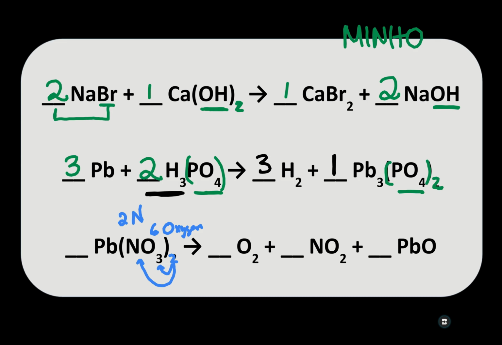So I have two nitrogens because the two distributes to what's inside of parentheses. So I will put a 2 in the front over here, and I have 6 oxygens to work with. So let's see. I have 2 right here, I have 4 right here, and I have 1.